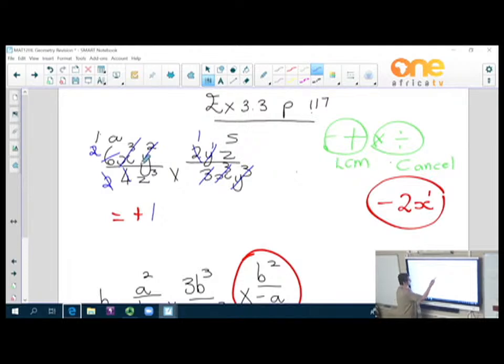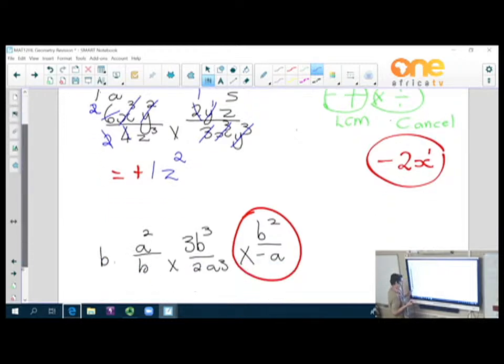Now we still have z: 5 minus 3 is z^2. Grade 10s, this is important: first do the exercise and then watch the video. First do your exercise. Otherwise, it won't help.